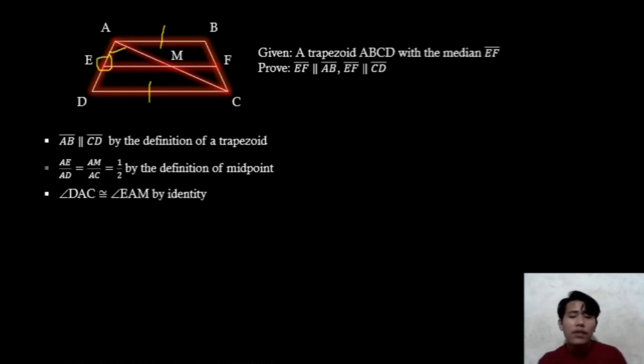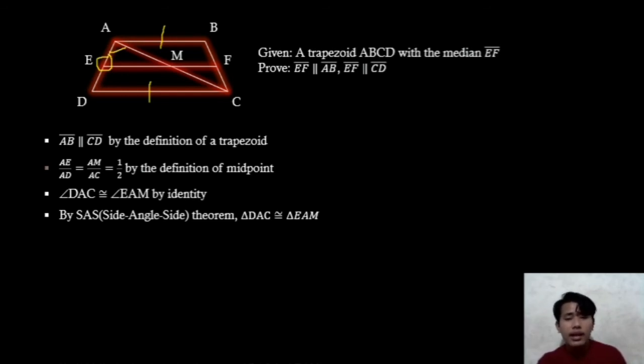The definition of identity is the reason we cite when verifying that a line segment or an angle is congruent to itself. By SAS, side angle side theorem, triangle DAC is congruent with triangle EAM.